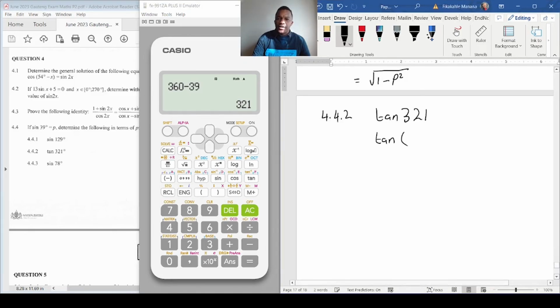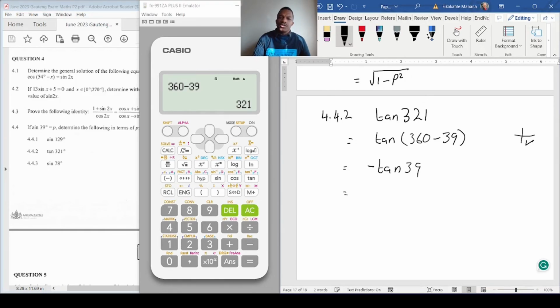So let's use 360. We have to use 39 because that's the triangle we have. Which quadrant is this in? This is in the fourth quadrant, and tan is negative in the fourth quadrant. So this is negative tan 39.